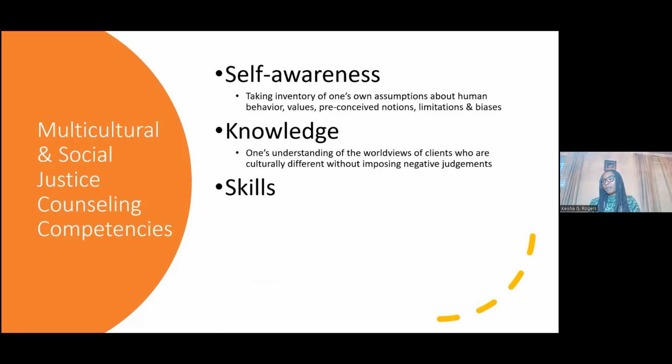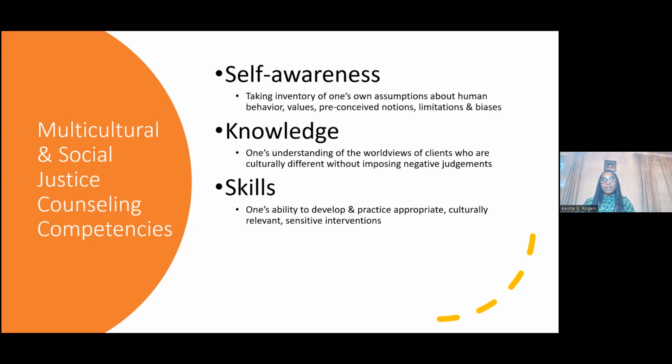All right, when we talk about skills, we're looking at the ability to develop and practice appropriate, culturally relevant, sensitive interventions that are tailored to working with clients from historically marginalized groups and backgrounds.